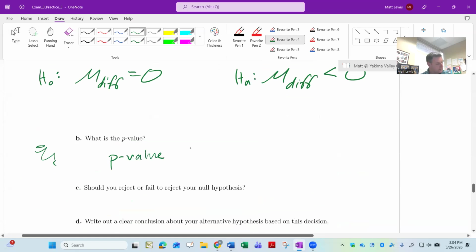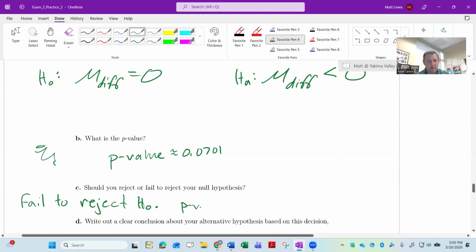P-value approximately 0.0701. Just a little bit too big. So we're going to fail to reject this null hypothesis.